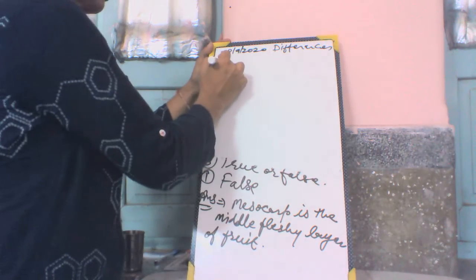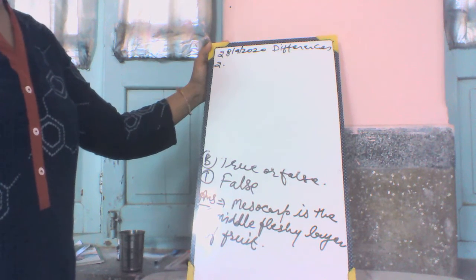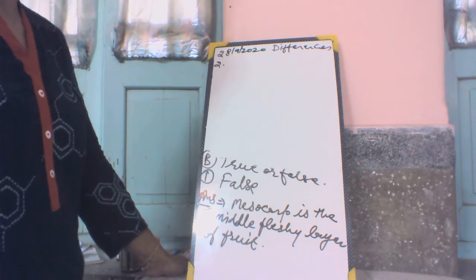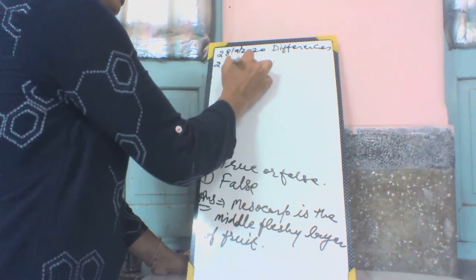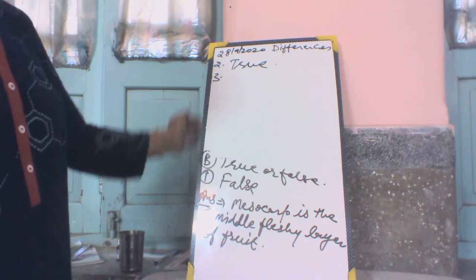Next one, a fruit protects the seed from unfavorable weather conditions. It is true and there is no need to correct it because it is already correct.